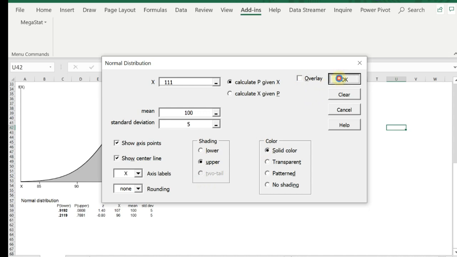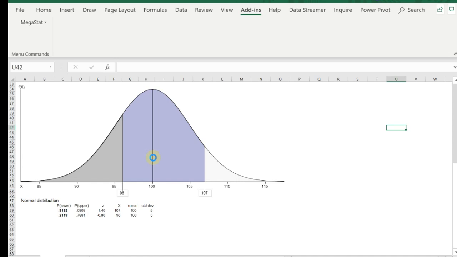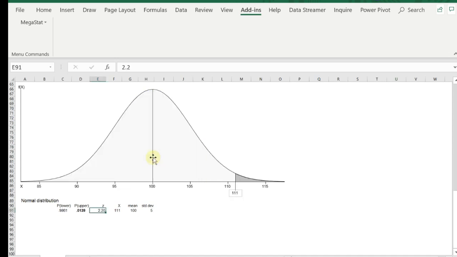Not different in shape, it's just now the shading is going to be different because this is a different probability statement. So there you go. 111. If you just visually look at the graph, that's between 2 and 3 deviations, a little over 2 deviations above the mean. And this is what the z-score says, 2.2 deviations above the mean. And the area to the right, that would be the upper. We wanted the upper. It's going to be 0.0139. So that's the answer to that example that I made up.